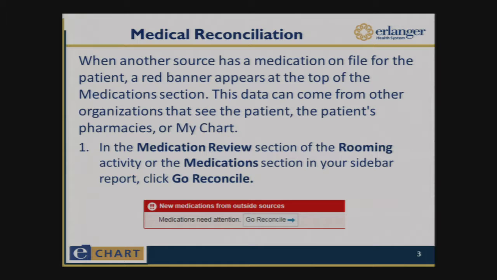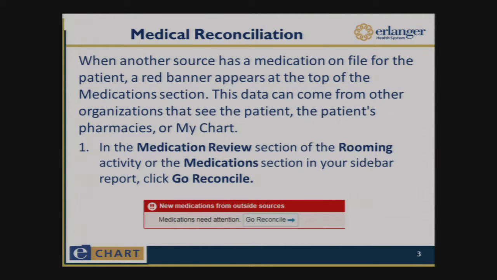So what you would do with this is in the medication review section of the rooming activity, and I know you guys spend most of your time in the rooming activity, if you see this bar, anything in Epic that's red grabs your attention. It will say that there are new medications from outside sources and medications need attention.